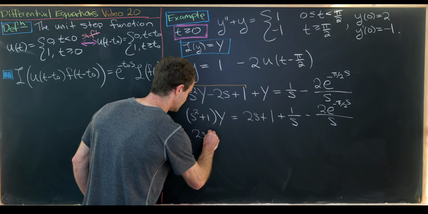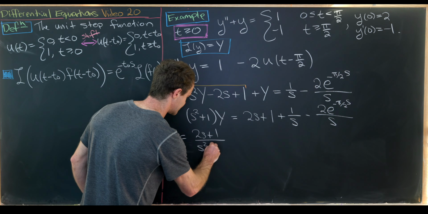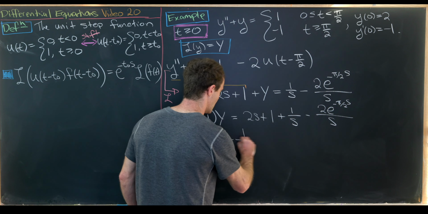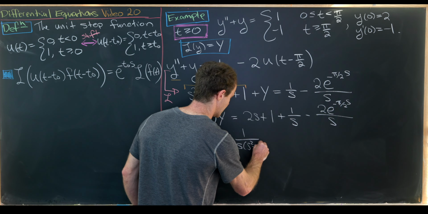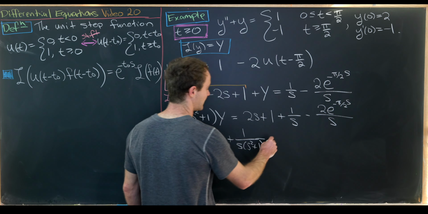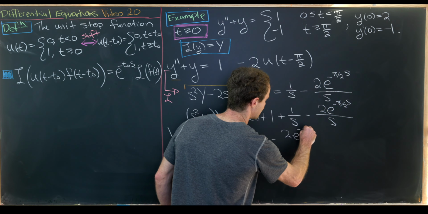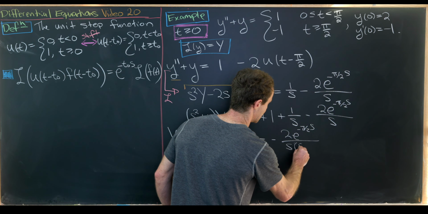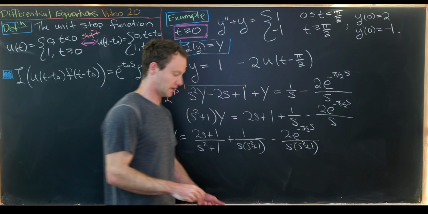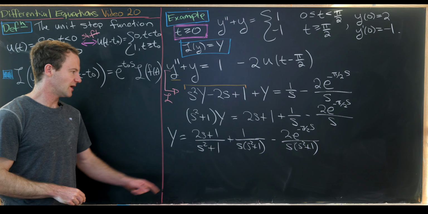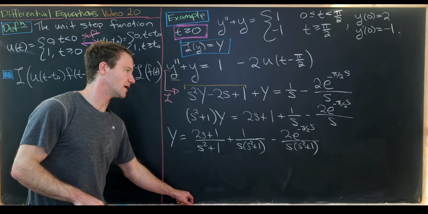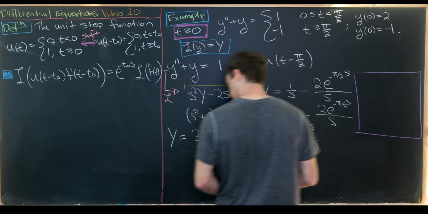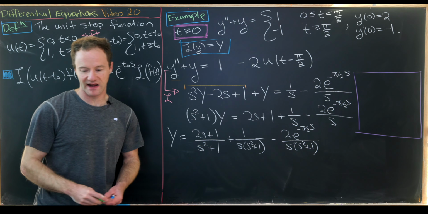We'll have 2s plus 1 over s squared plus 1. And then next we'll have 1 over s times s squared plus 1. And then finally minus 2 e to the minus pi over 2 s over s times s squared plus 1. Okay. But this s times s squared plus 1 motivates the need for our partial fraction decomposition. So maybe I won't work that out explicitly.